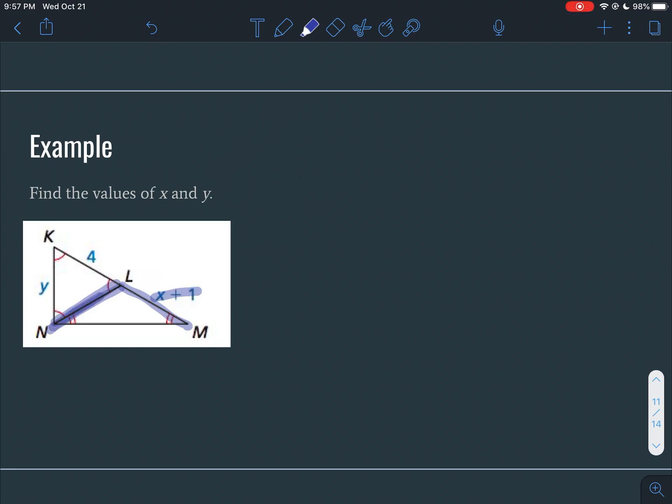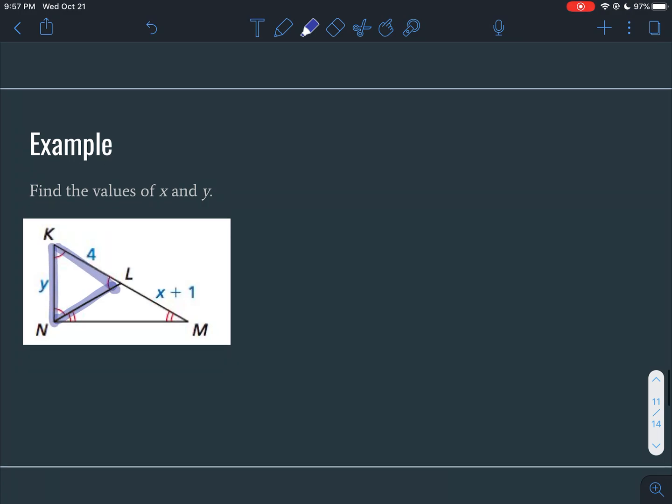However, we don't have anything on this other leg. But we know that equiangular triangles are also equilateral. So whatever this side is, the other sides are all the same. So if this side is 4, all the sides are 4. So that took care of y for us. y is 4, without even having to do any arithmetic.